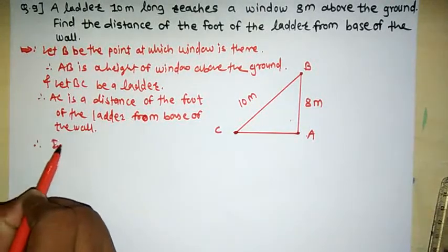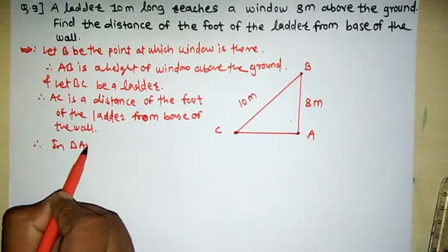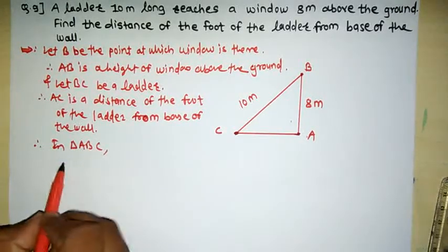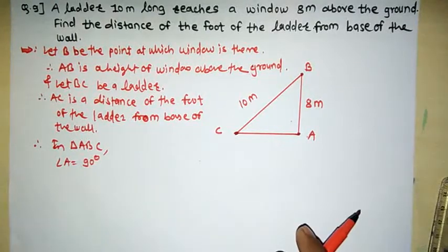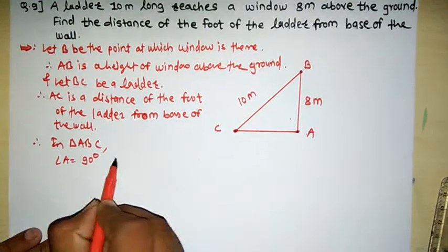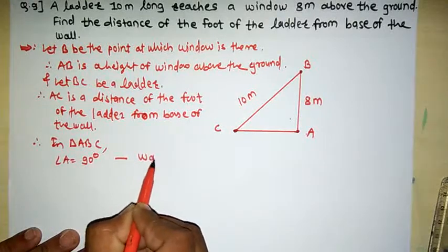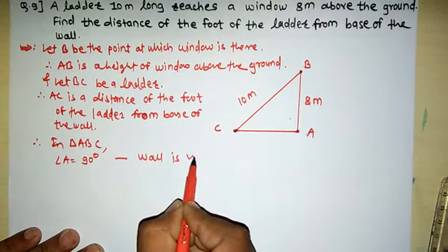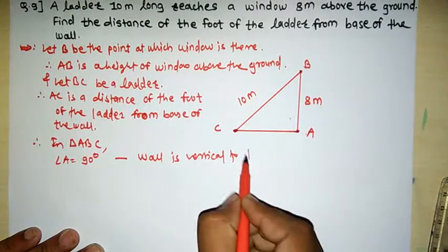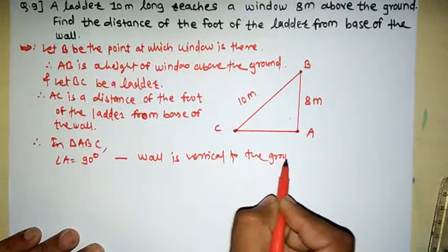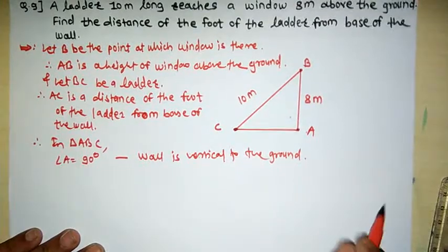Therefore, in triangle ABC, angle A is equal to 90 degree. What is the reason? Because the wall is vertical to the ground. Therefore, angle A is equal to 90 degree here.